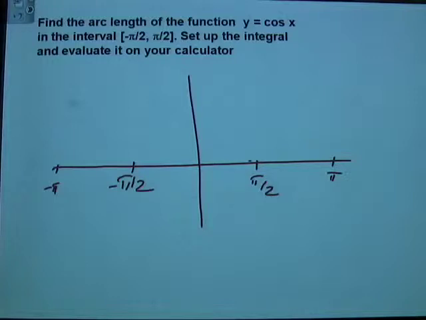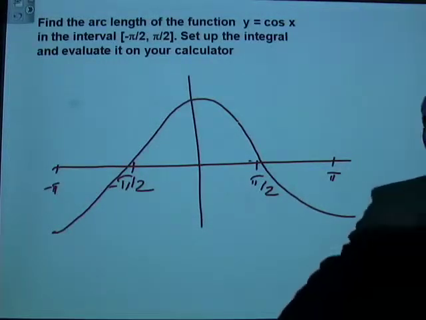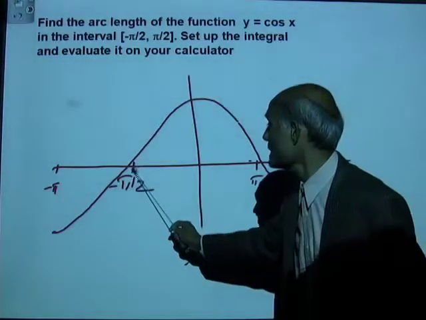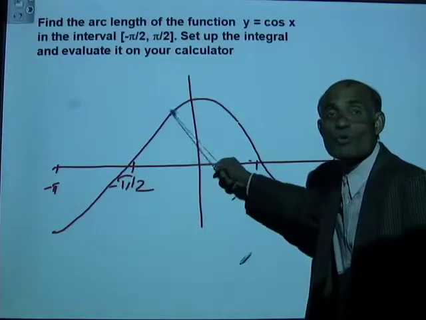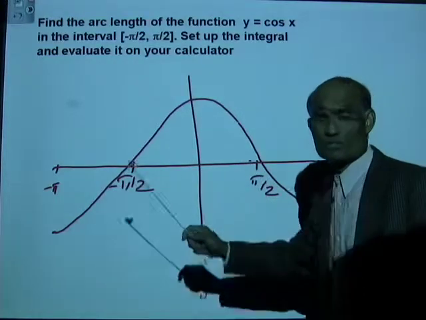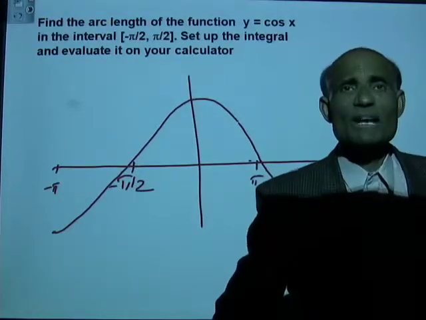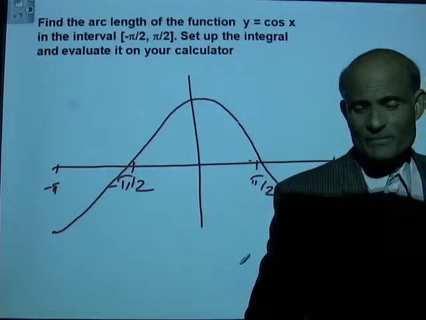It will be something like this. Is that right? That's right. Yes. So, the graph of y equal to cos x on the interval from negative pi by 2 to pi by 2 will look like this. Now, draw it on your calculator and check if this is right.